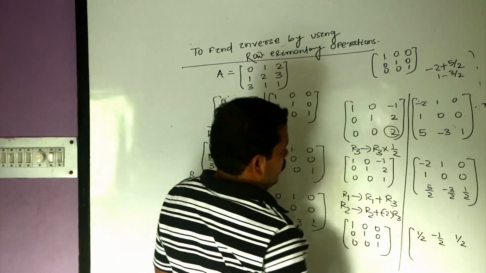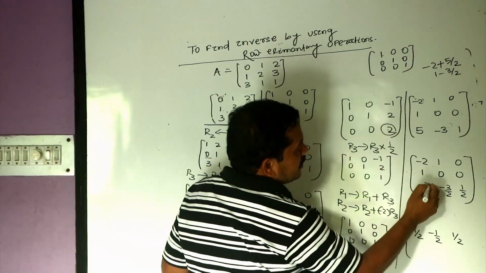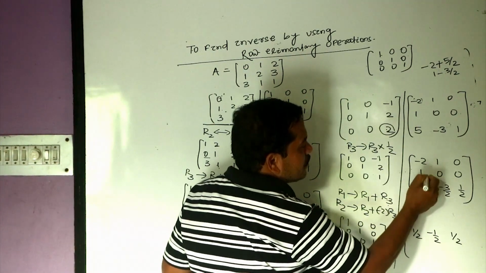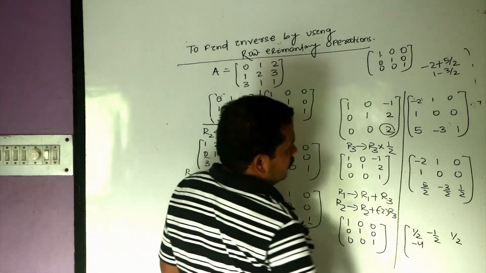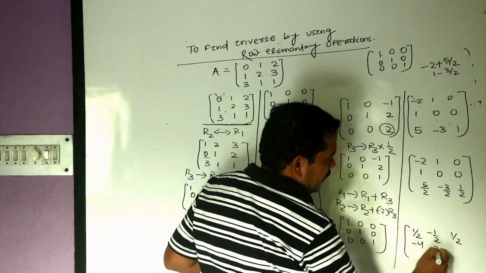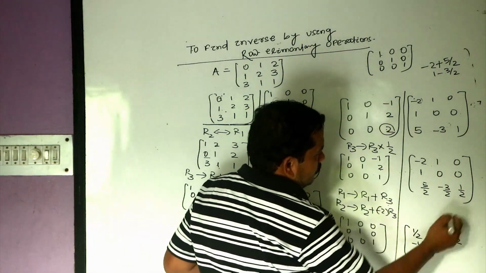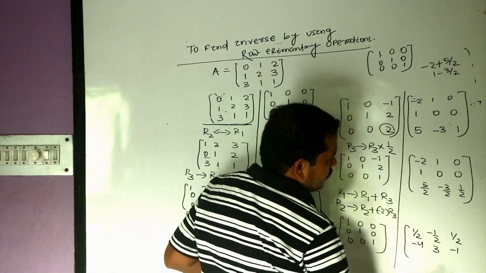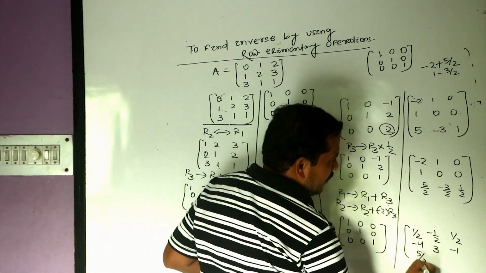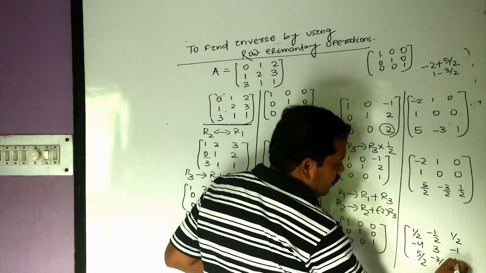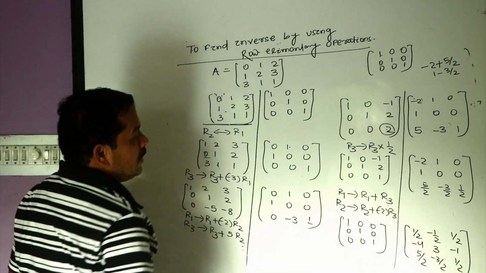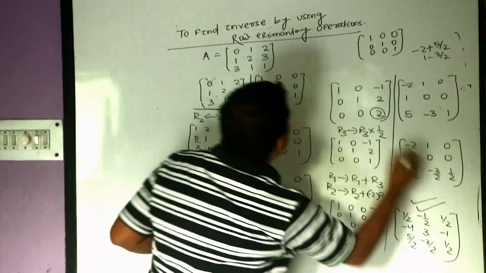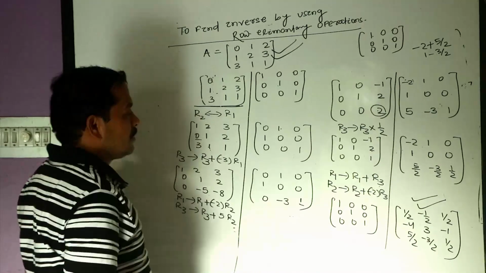Next we multiply minus 2, that means minus 5, minus 5 plus 1, that is minus 4. 3, it will be 3, minus 1, here it will be 5 by 2, minus 3 by 2, 1 by 2. Let's end the process. This matrix is the inverse of this matrix.